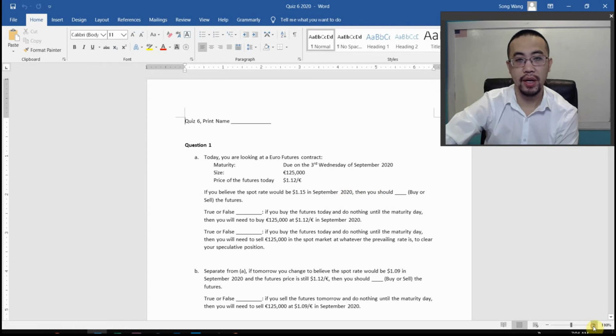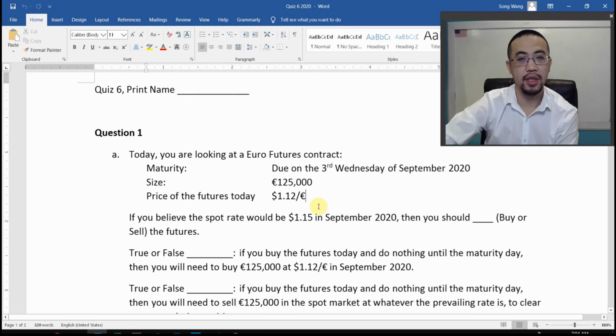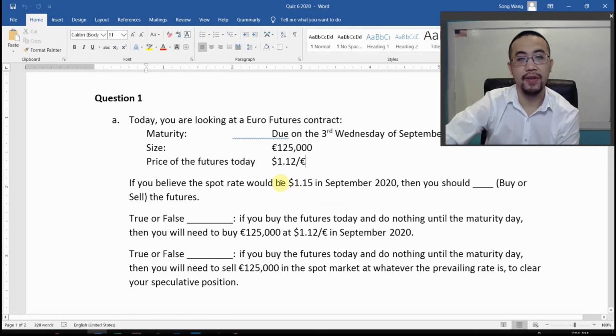All right, so right here you're looking at a futures contract. It tells you that the maturity will be September this year, in the future, of course. And this is the price today. If you believe the spot rate will be 1.15, you should buy the futures, and that's going to obligate you to buy at 1.12. Based on your belief, you can make a 3 cents profit per euro when the time comes.